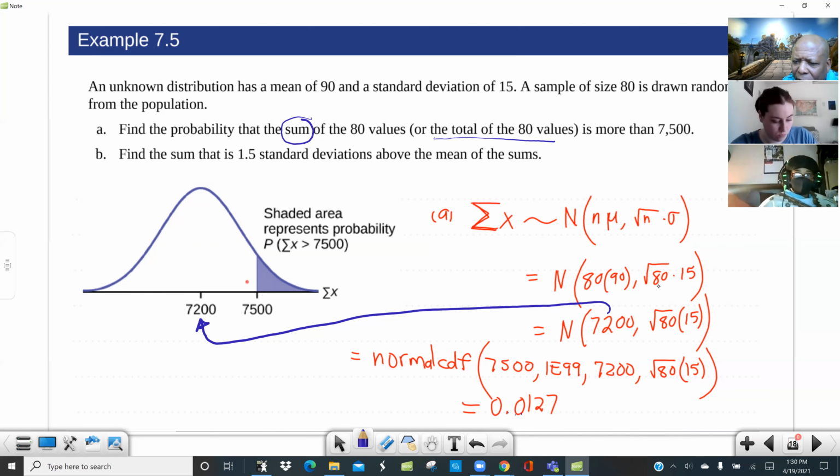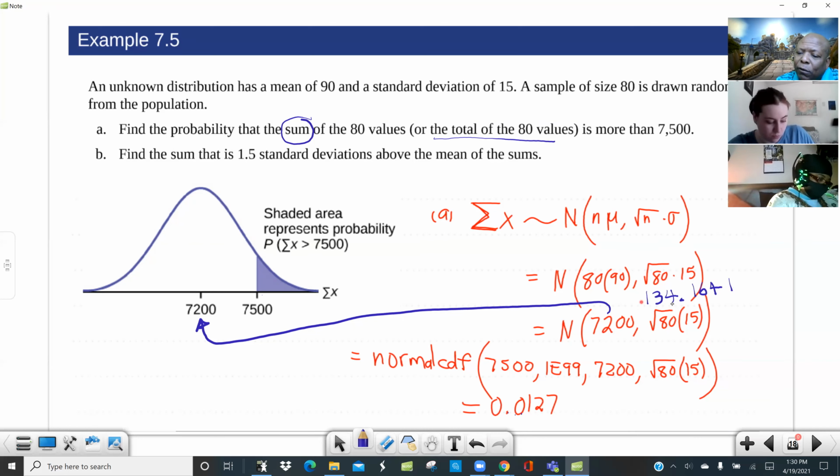And the standard deviation is root 80 times 15, which becomes 15 times square root of 80, 134.164.